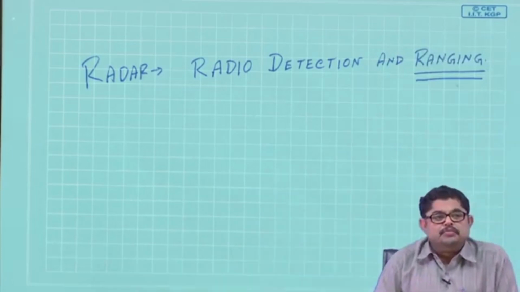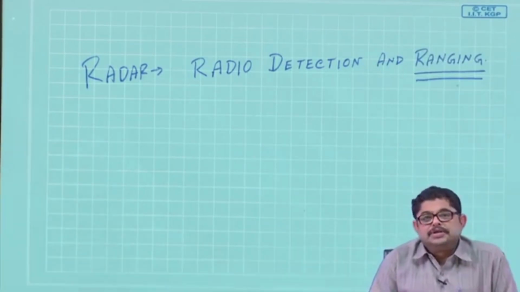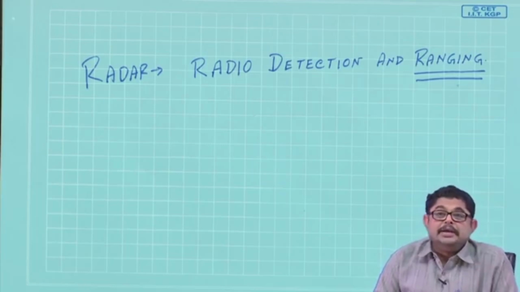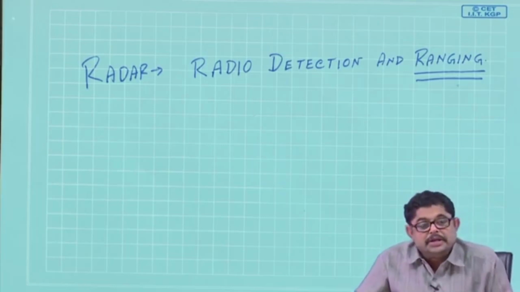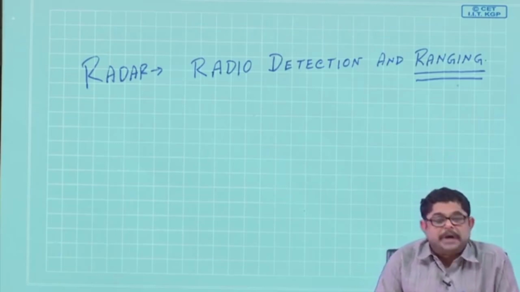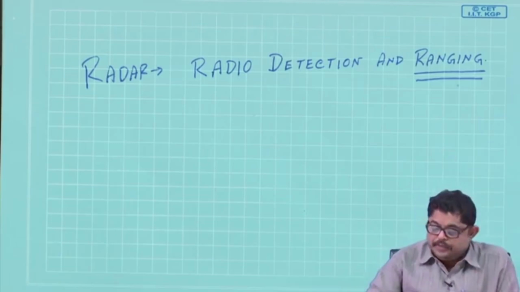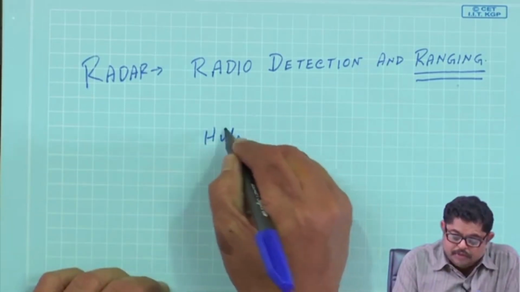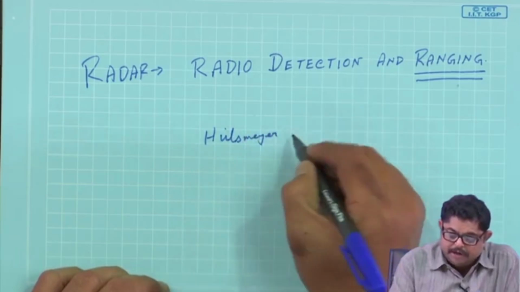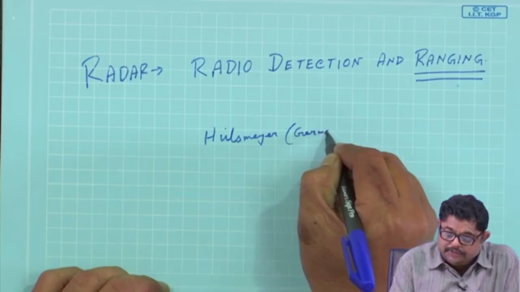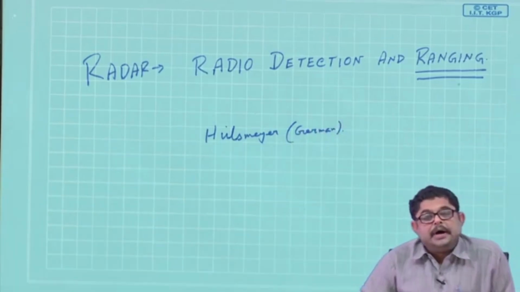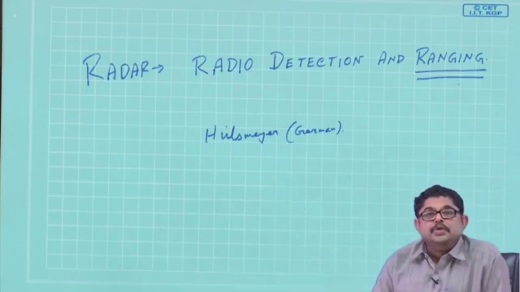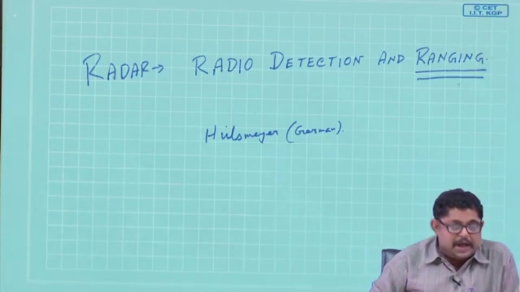But there was no discovery of radar till 1904. That means almost 38 years later, there was a person called Hulsmeyer, a German, who was the first to understand that this detection of radio waves can be used to detect a ship.